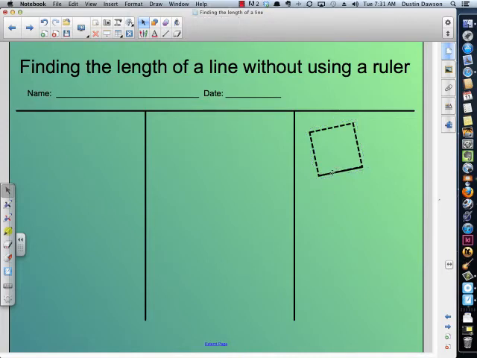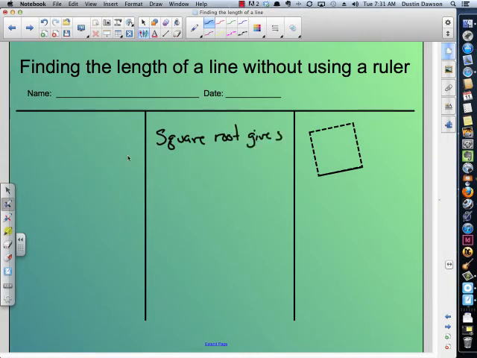If we remember what we did before when we were finding the square roots, the square root gives us the side length of a square if we know the area, and that's the big if.